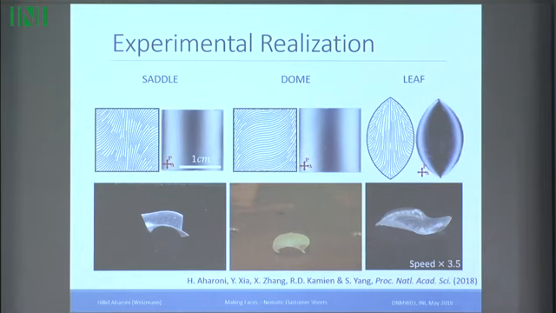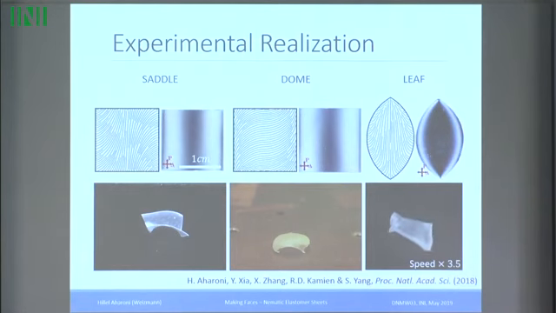And as you can see here, I am only showing you relatively simple geometries. I'm not showing you a face. This is because in order to make a face, it turns out that it's not enough to dictate the two-dimensional geometry into the material.